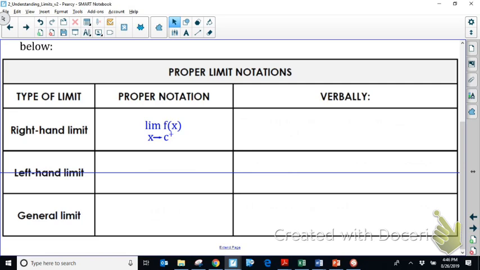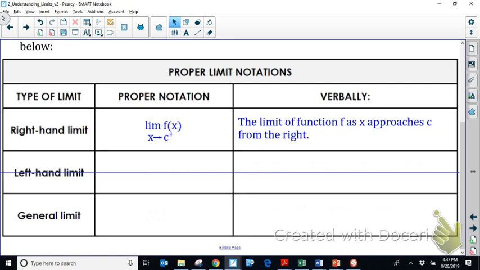And we're saying x is going to approach some number, which we're just generically calling c. And the plus sign in the exponent spot is simply saying that we're going to approach that number from the right side of the graph, or the right side of a number line. And this is how we would read that calculus notation: the limit of a function f as x approaches c from the right.